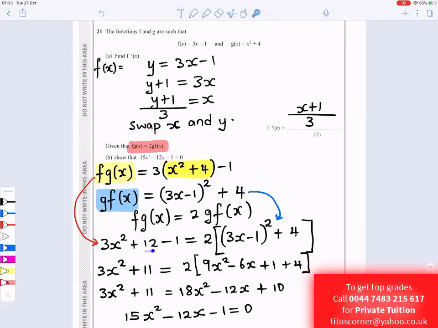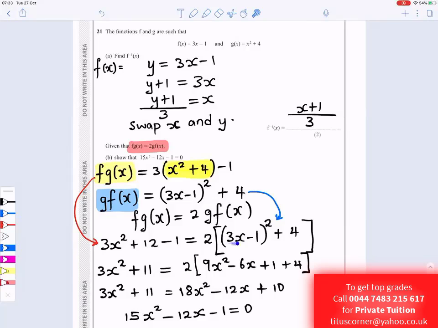So fg of x, 3x squared plus 12 minus 1, I've expanded it, fg of x is equal to gf of x. That's gf of x there. And there's the 2 in front, which is given in that equation.